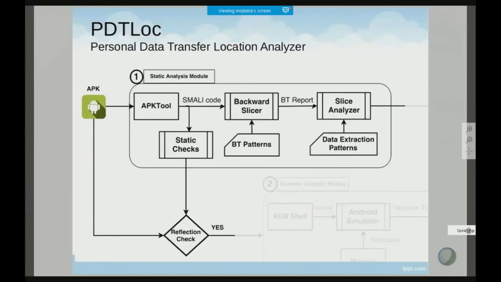But here we just look for a particular case: information read from the phone, going through the app, and then transferred to some server. We want to find the physical location of the server. So we analyze it in a backward manner.